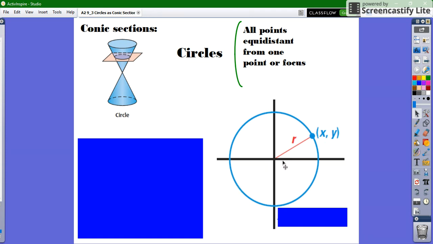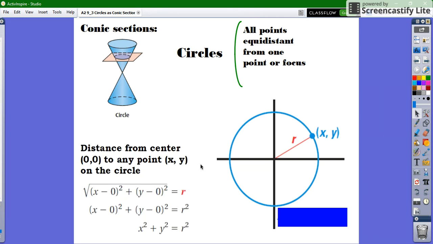Now, if we use our distance formula and think about the point 0, 0 and the point xy, we can essentially set up the square root of x minus 0 squared plus y minus 0 squared is equal to r.